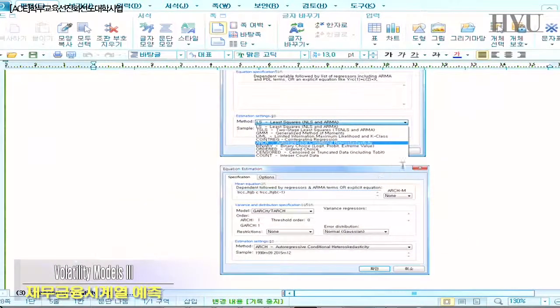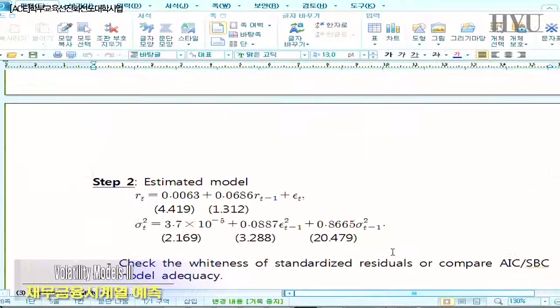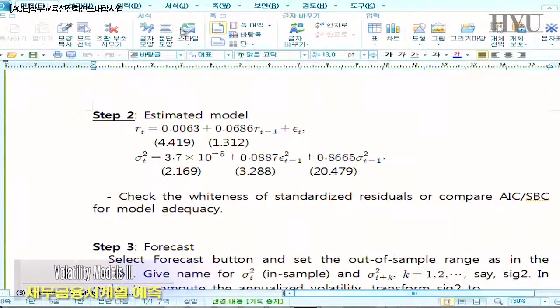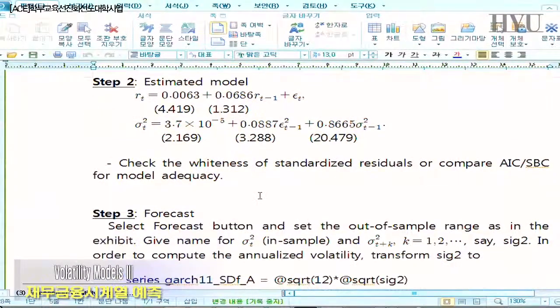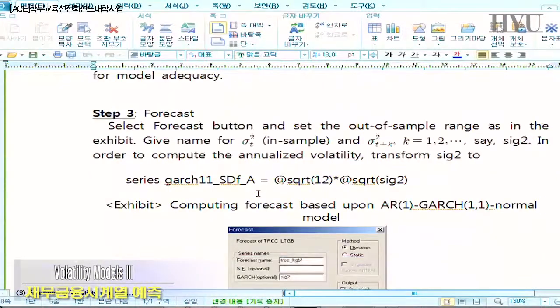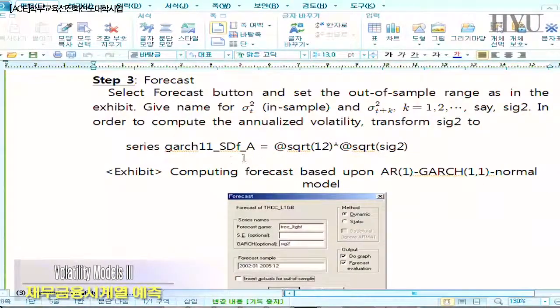Read through this lecture material I showed here. Try ARCH and specify 1, 1, and Gaussian and mean equation, and then you get some result like this one, right? And this is the way we calculate.